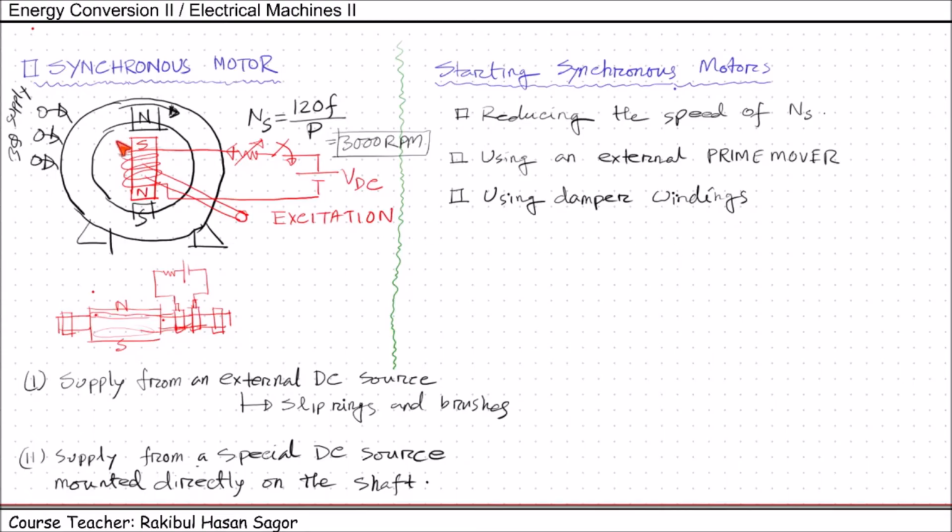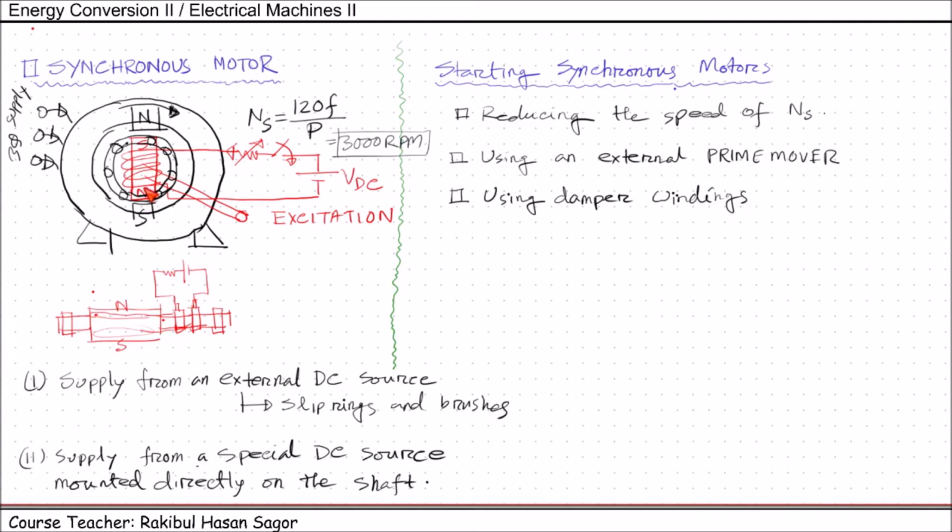With this configuration, a squirrel cage configuration is added, for example like this. We know the squirrel cage configuration. There will be bars, short circuited by end rings on both sides, and we have this magnet in the rotor which will be excited by an external DC source.